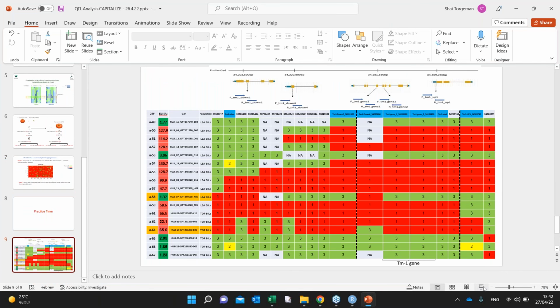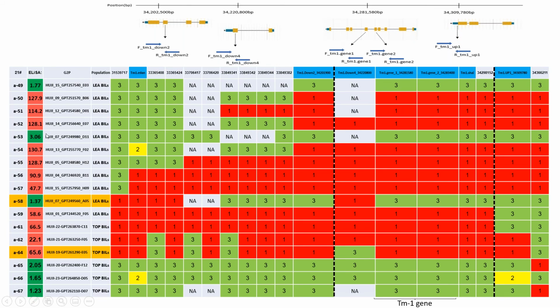If I go back to the presentation, we can show here that I chose a large set of recombinant lines from the population that have a recombinant in the region of the interval. And as you see here, these are the ELISA scores for each line. What's marked in green is resistant, and in red is susceptible to the virus through the ELISA test.